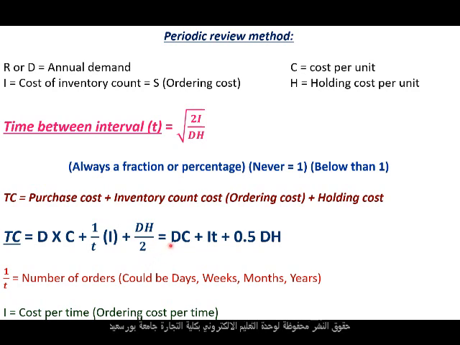Here I over T equals the number of orders. The period could be days, weeks, or months. I is the cost per order, or ordering cost.